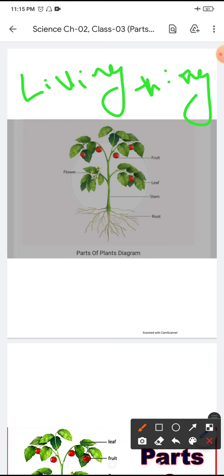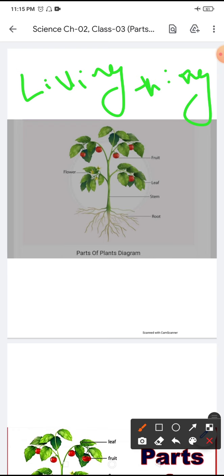Okay, and yes, the importance of trees. Trees provide shelter to animals and are also known for their medicinal benefits. Overall, different parts of plants have different roles to perform.